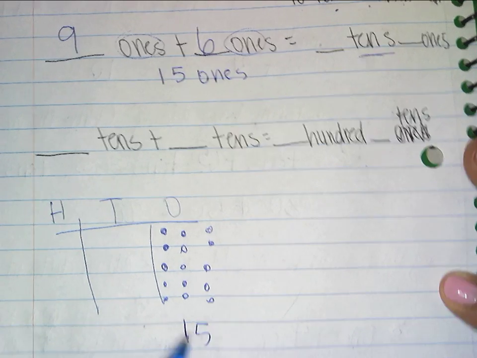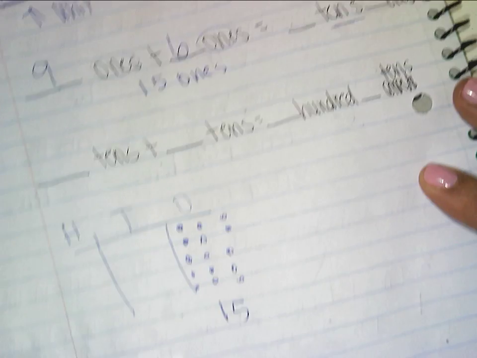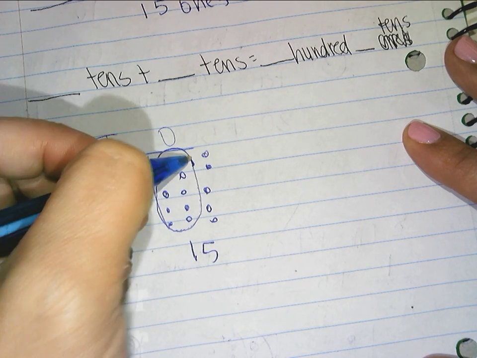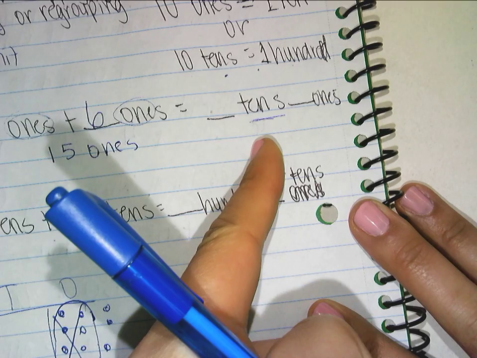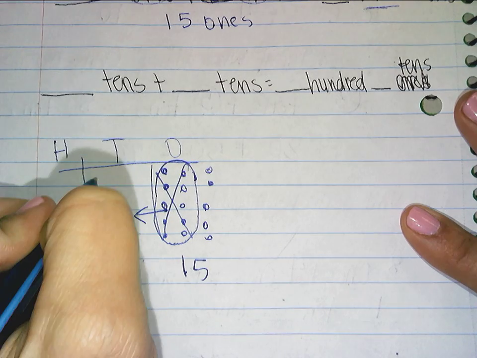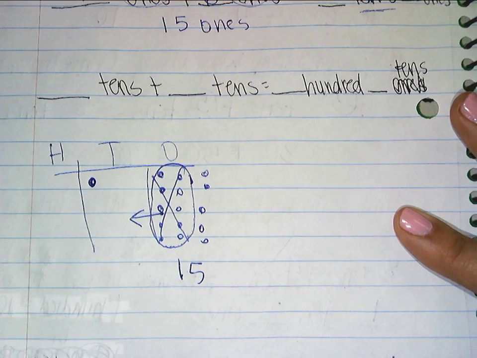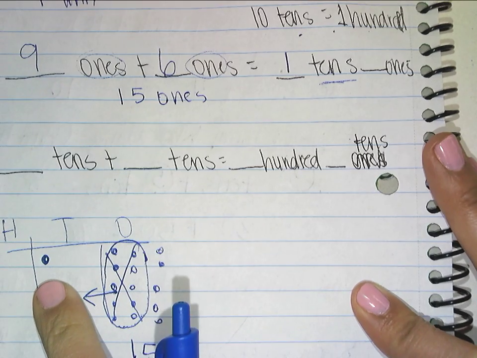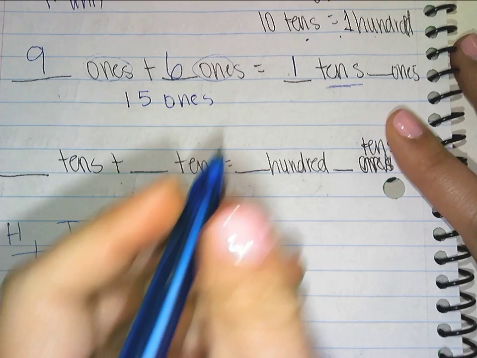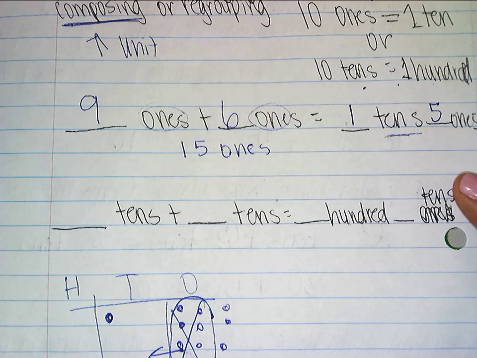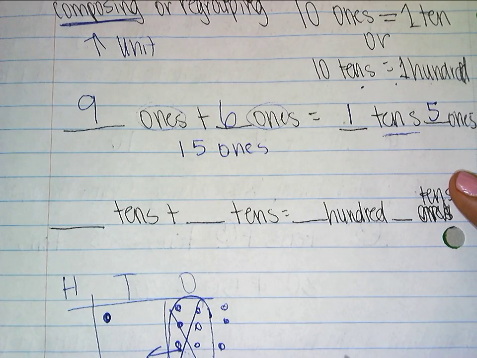So if you have 15 ones, you can see you can compose so that your answer has a group of 10. So 10 ones, you regroup for 1 ten. So now I have 1 ten and 5 ones. So that's how you're applying that knowledge of composing that higher unit.